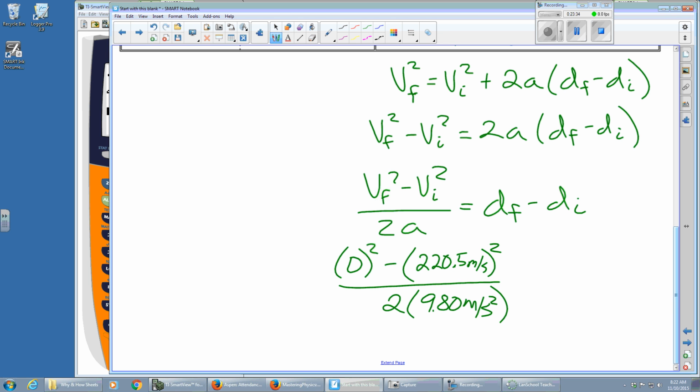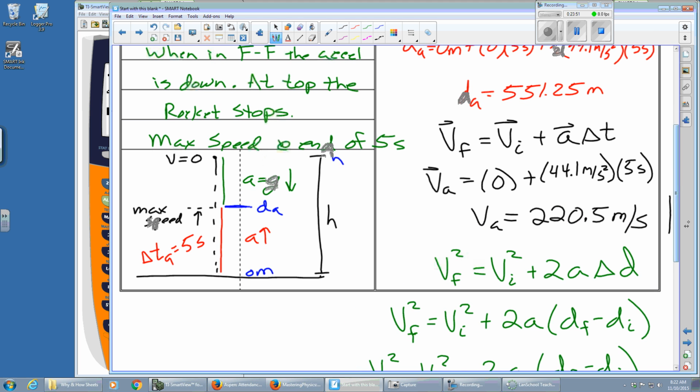My acceleration is g, right? Little g. That equals, my final location is h. My starting location is where I was at the top of the red segment, which we found to be 551.25 meters.